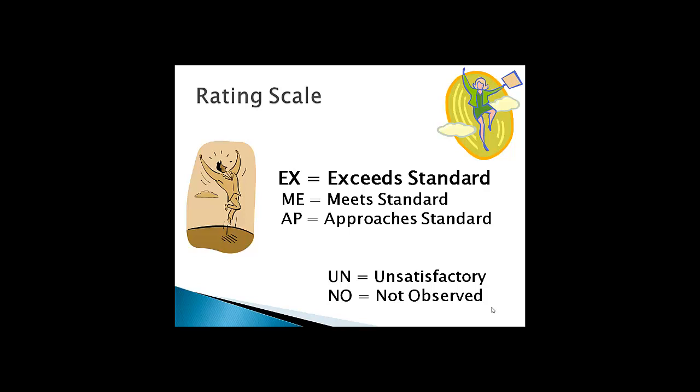Approaches standard is a marginal or limited level of proficiency or effectiveness, more in line with beginning students in PED 1 or 370. If you find yourself earning this rating from your supervisor or mentor, be sure that you're proactive in determining how you can improve, because you need to be able to meet all 5 standards by the end of student teaching, and I'm sure you will.